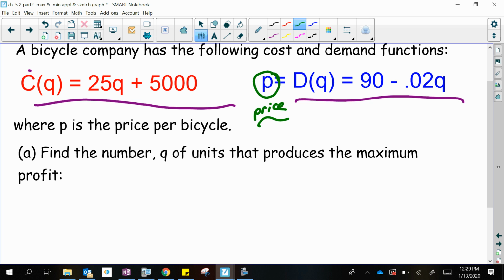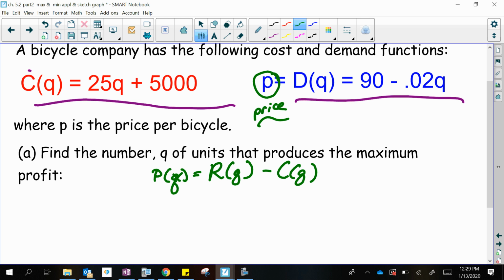So do we have a profit equation here yet? No, we have demand and cost. How do we make it a profit equation? What's profit? Profit is how much you bring in, so it's going to be revenue, how much you bring in, minus how much it costs to make it.